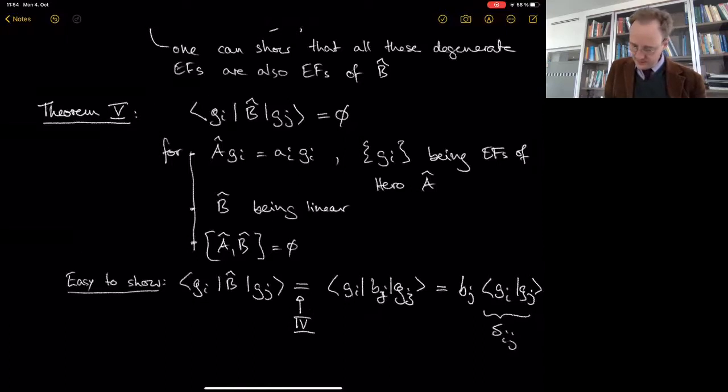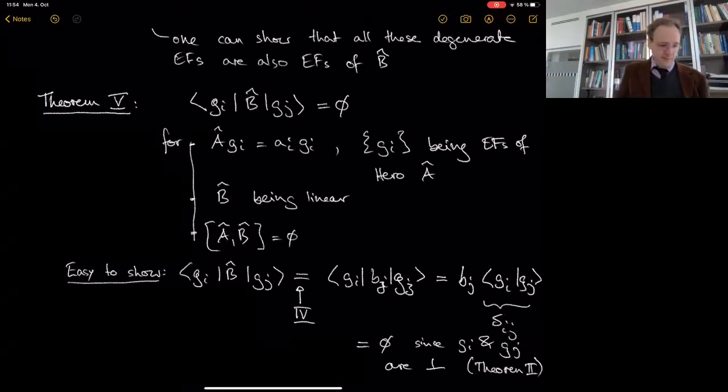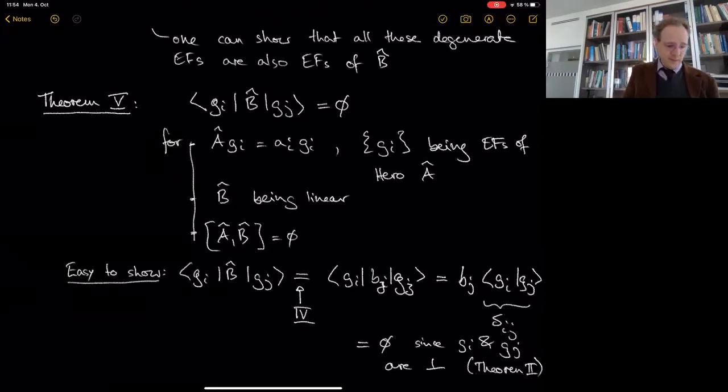So the whole thing is zero since the i and j are orthogonal to each other, which was our theorem number 2. Again, also in this case, we can make this work for degenerate functions.